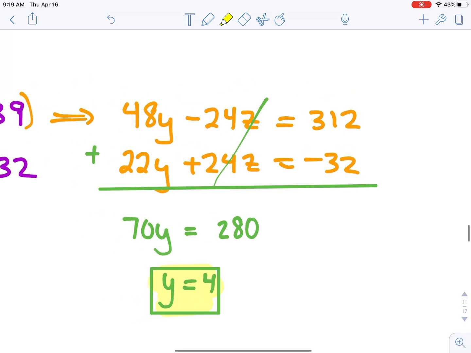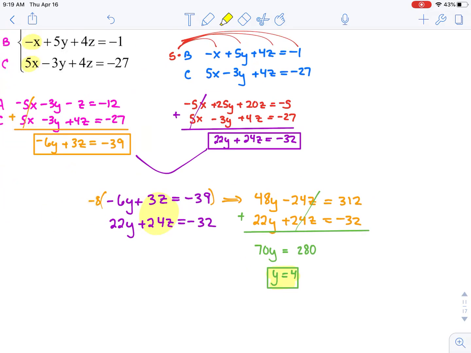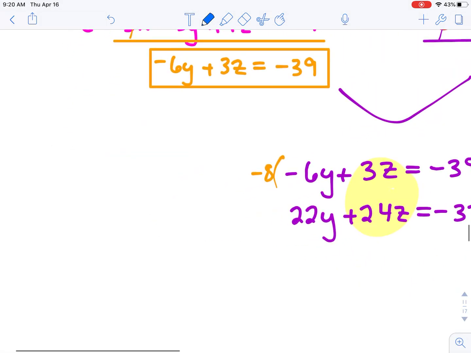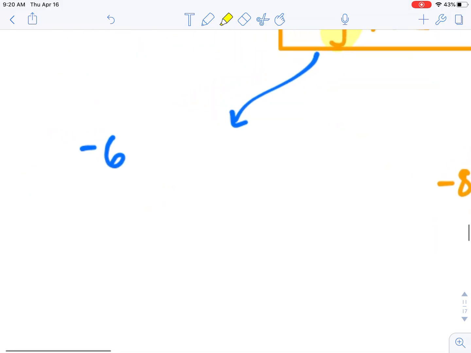Let's take this answer, and you just have to work your way back up. So going to one of the two equations we've already worked with, and I'm going to go with this orange one over here. Just looks a little, the numbers are a little smaller here for me to work with. And I'm going to replace my y. What did we say y was? Y is 4.